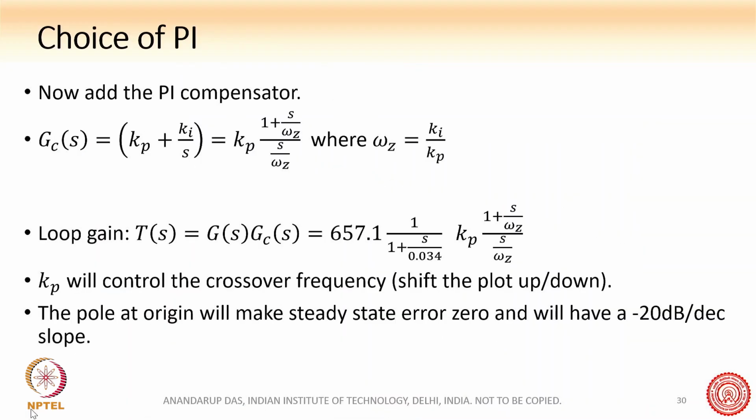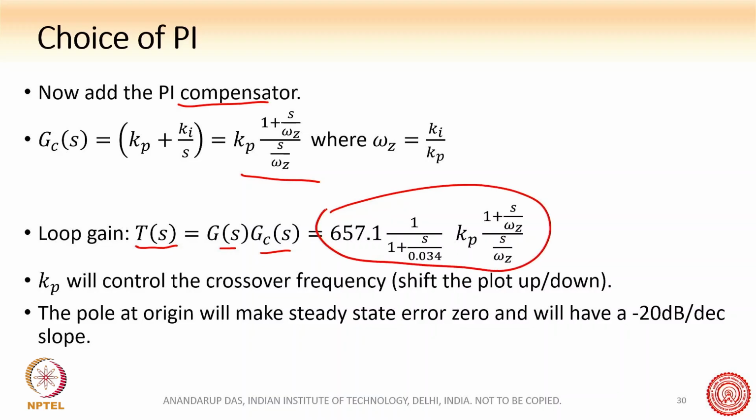Now, once we have done this, we now add the PI compensator. The PI compensator is something like this, a normalized form, and when you do that, the loop gain plot will become G_c(s) into G(s), and it will come out to be an expression like this. Here you can see these two factors.